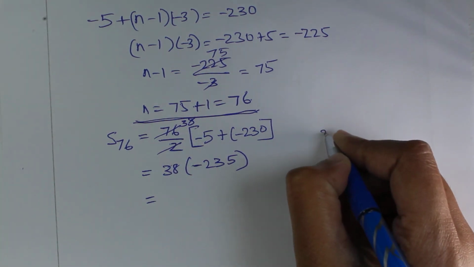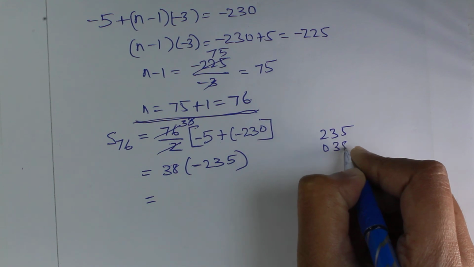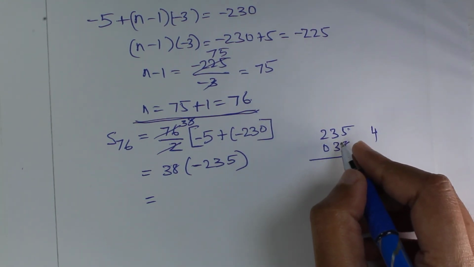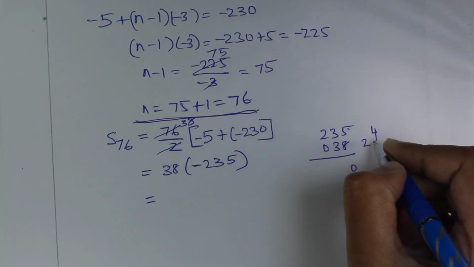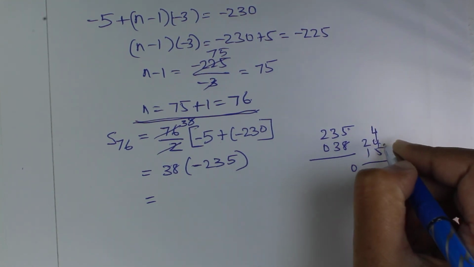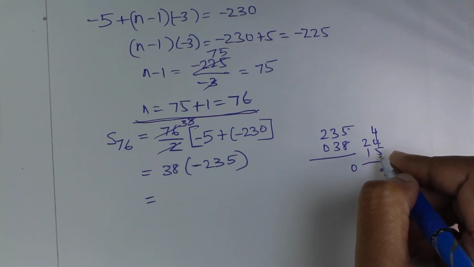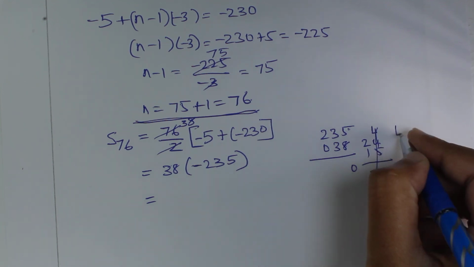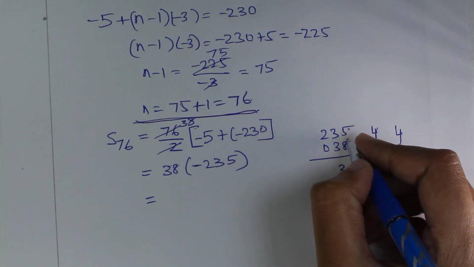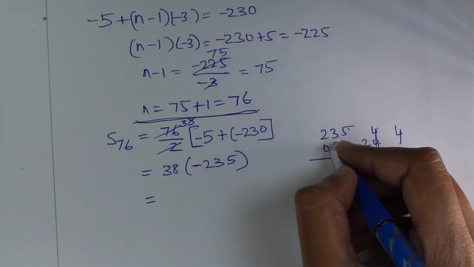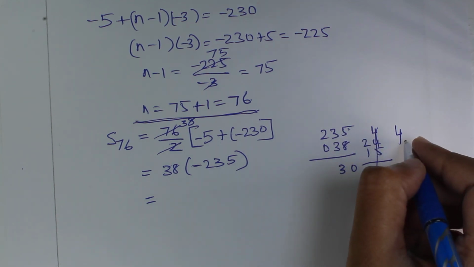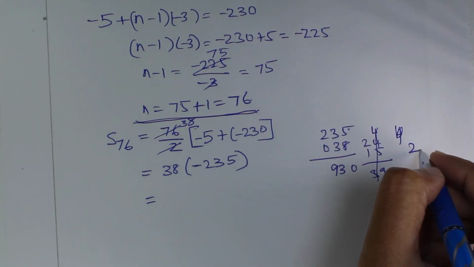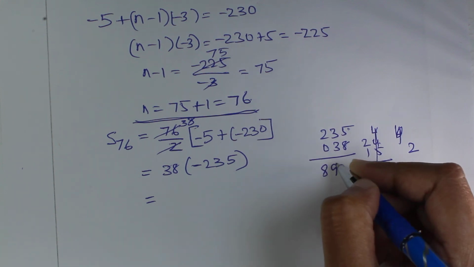That is equal to 235 into 38. 8 5s are 40. 8 3s are 24. 5 3s are 15. 5 4s are 20, 9. 3 2s are 6, and so on, adding the partial products: 8 2s are 16 plus 3 3s are 9, 25 plus 4 is 29. 3 2s are 6, 6 plus 2 is 8.